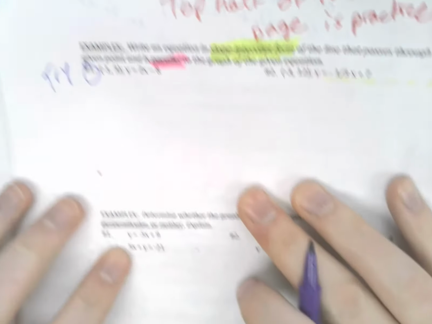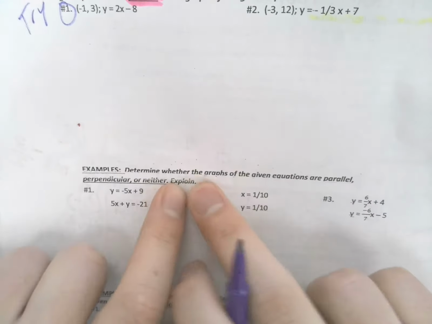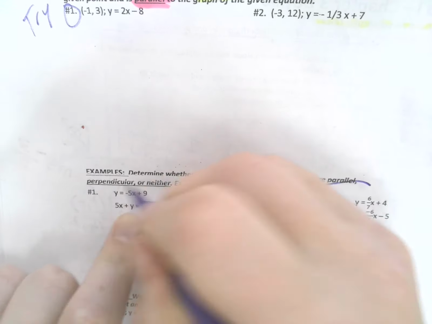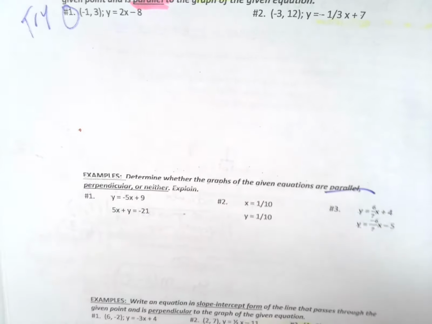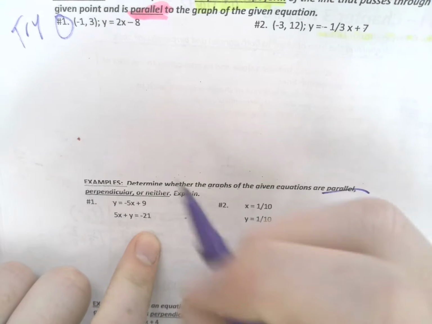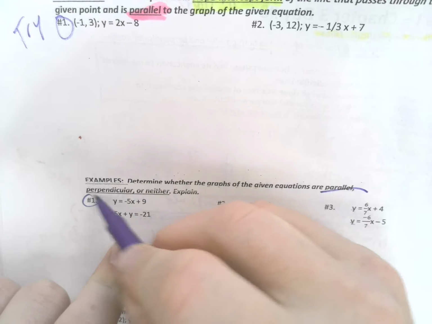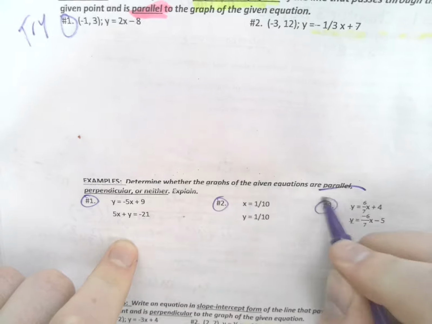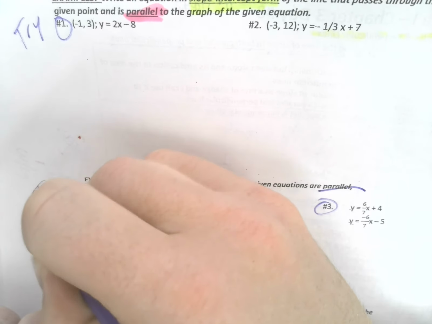Then, check out down here. Determine whether the graphs of these are parallel, perpendicular, or neither. Well, that's just like the problem we literally just did. And so I'm going to let you guys try. Let's actually go 1, 2, and 3. We're going to try all 3.